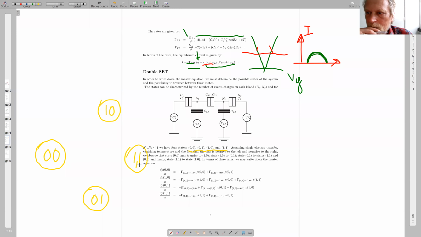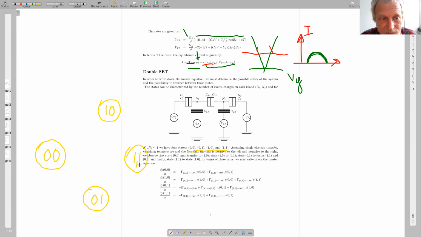And now I want to figure out which rates work if electrons go where they're supposed to go, from the left to the right.